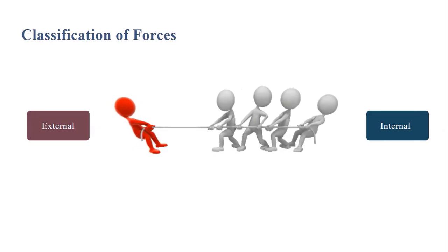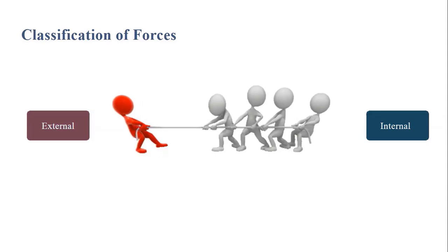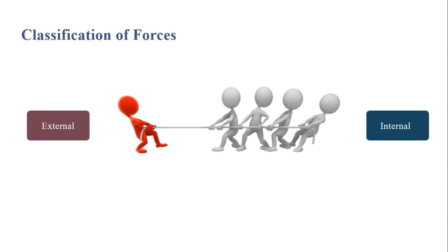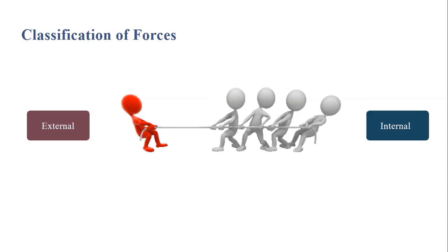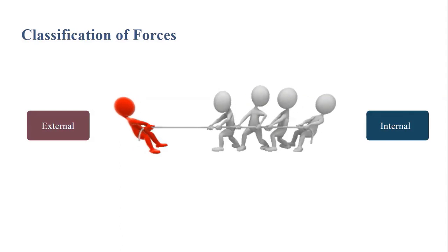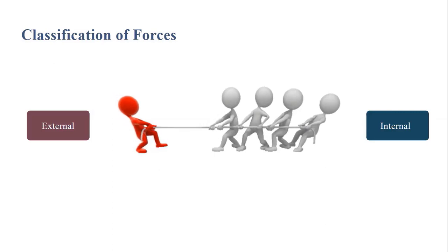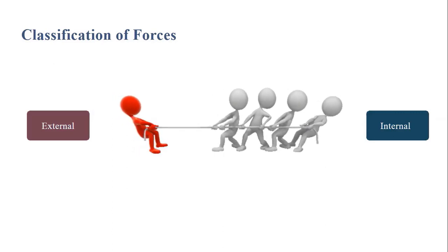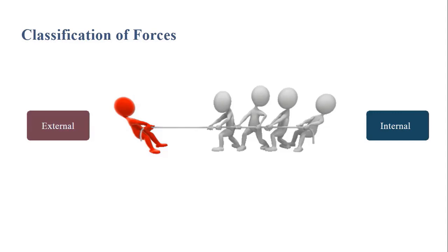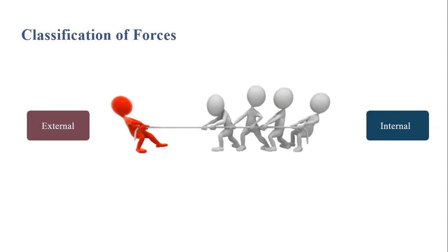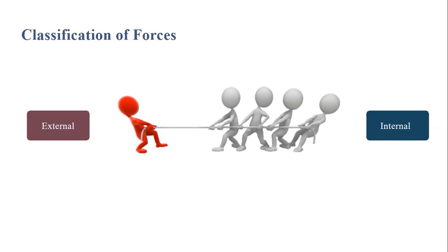So those are internal forces. We'll give some examples, don't worry, to understand the concept of internal and external forces. Right? External forces are when a body applies some force to another body that is not in the system.